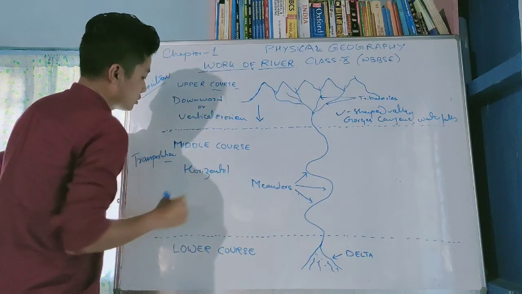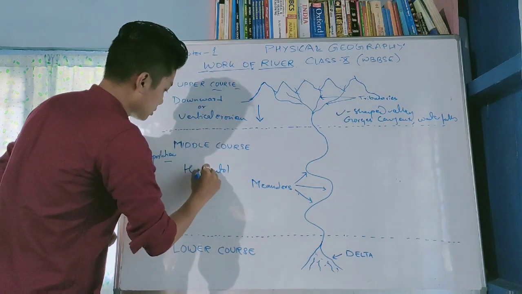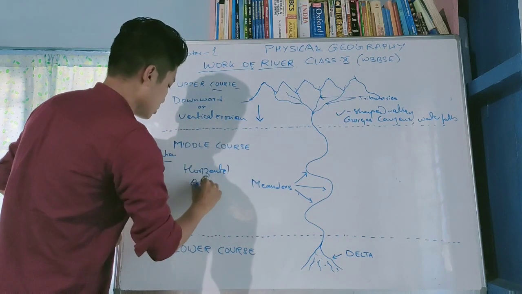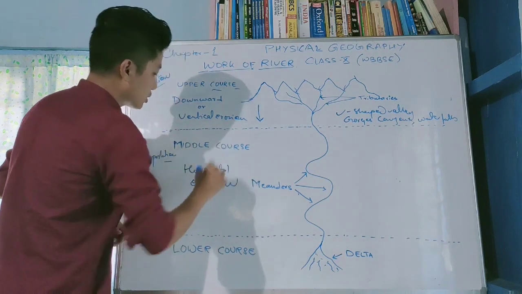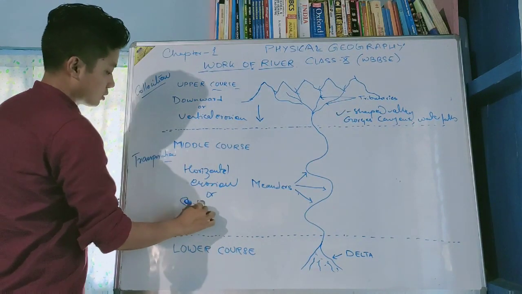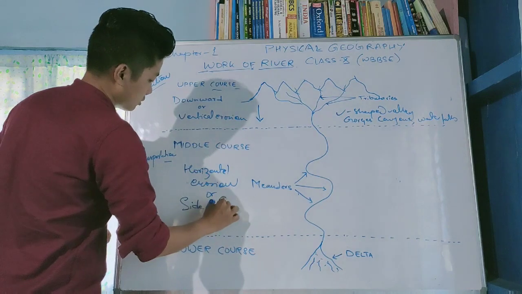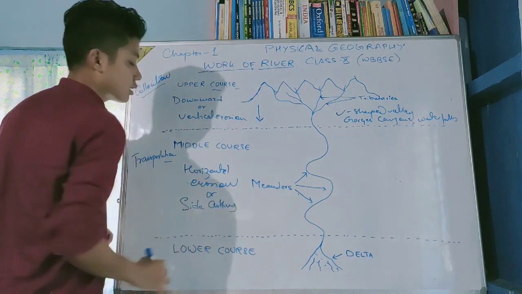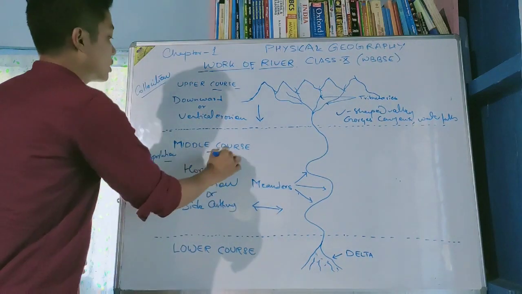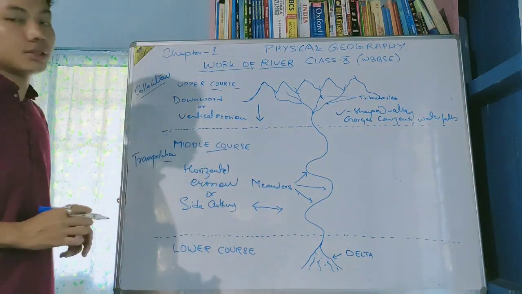Horizontal erosion or side cutting. Side cutting is most prominent. Side cutting is the more prominent work of the river in the middle course.